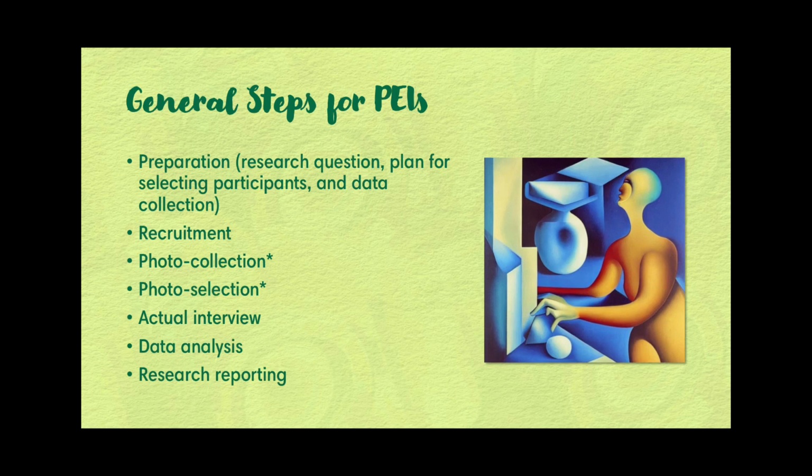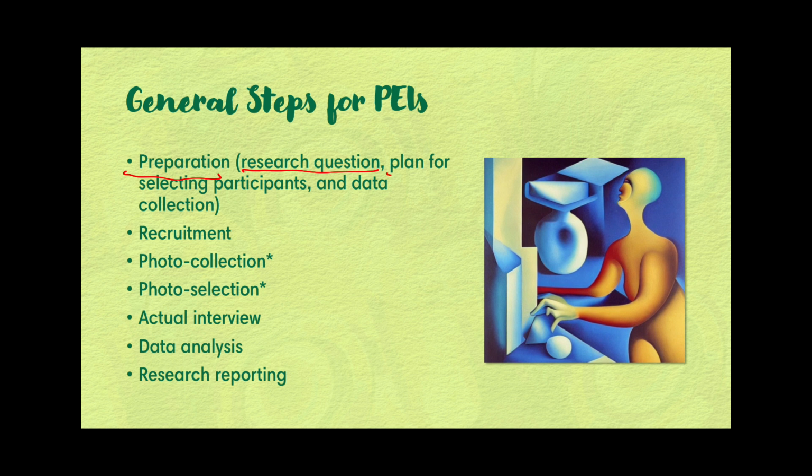So what are the general steps that we take when we do photo-elicitation? Of course, we do some form of preparation where we ask the research question, collect the literature to narrow down the research question, develop the phenomenon, our research framework, and our theoretical background, right?